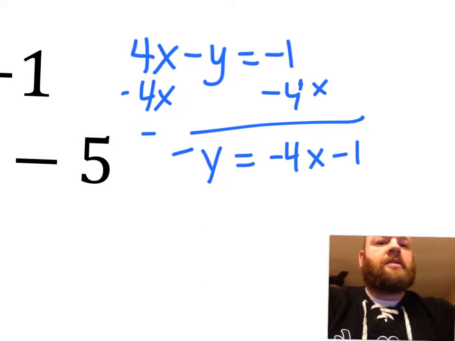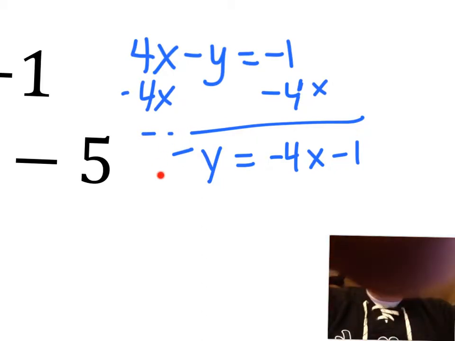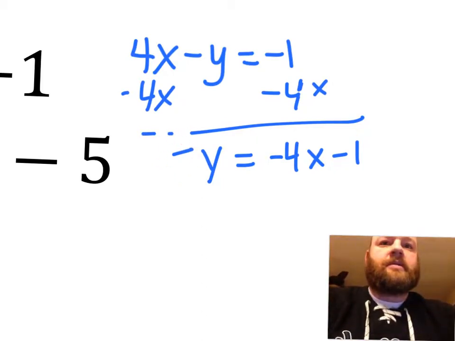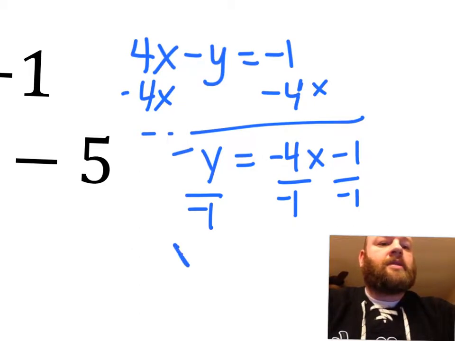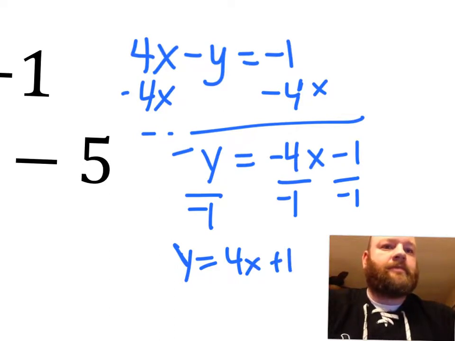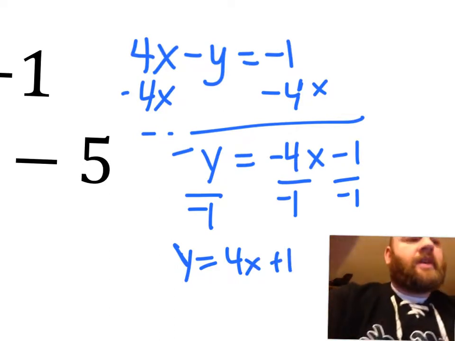This is still a negative out front, so we have to be careful. Since that's still negative, we divide everything by negative 1, and our final equation is y equals positive 4x plus 1. So that's one of the equations we have solved for.